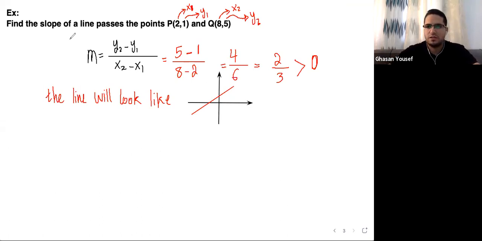This is about the slope of the line. Now, any questions about this? Does it make sense how we can use the formula and plug numbers into the formula of the slope?